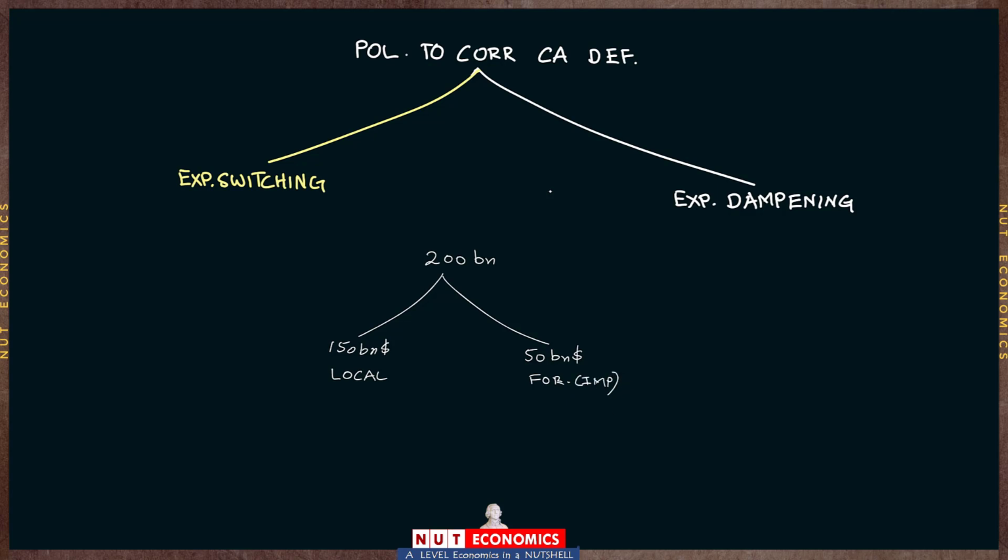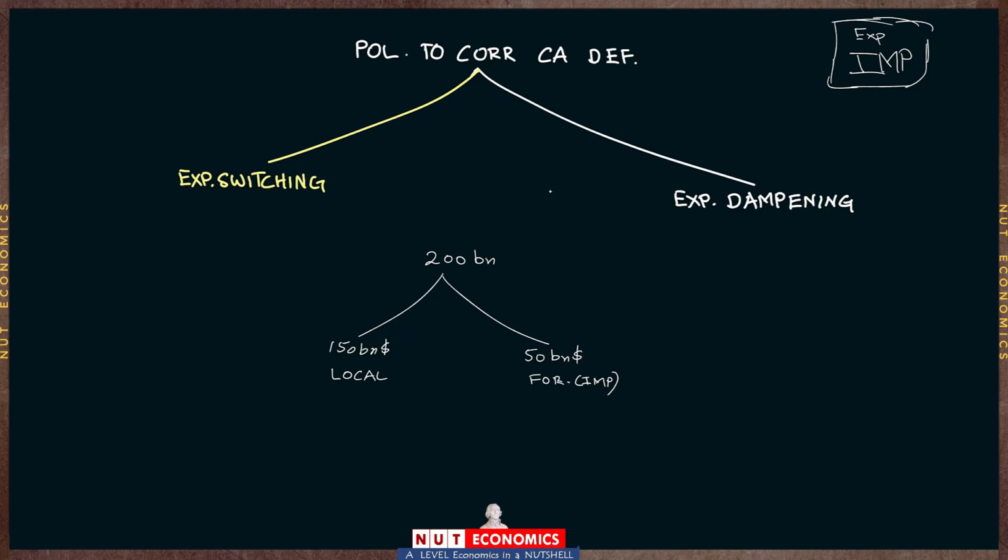Now if the problem of your country is a current account deficit, let me signify that like this: your exports are very small, and you are importing too much. That is the problem you are trying to resolve. Expenditure dampening policies are where the government becomes very strict.